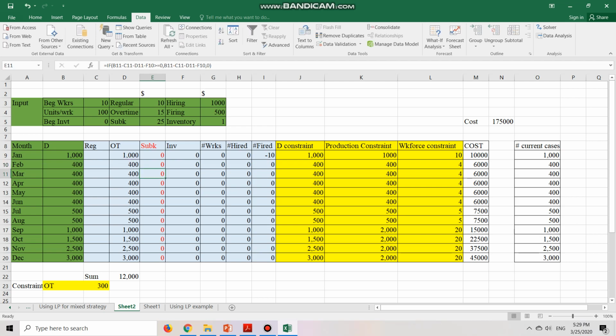Okay. So the same, you can copy it to other cells in this column to calculate the subcontracting from March to December. How about inventory?